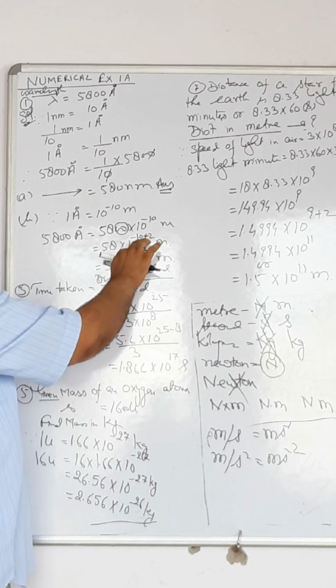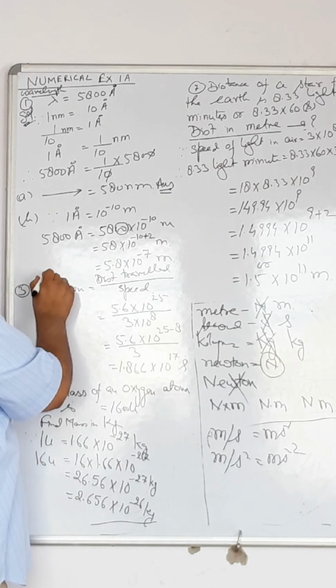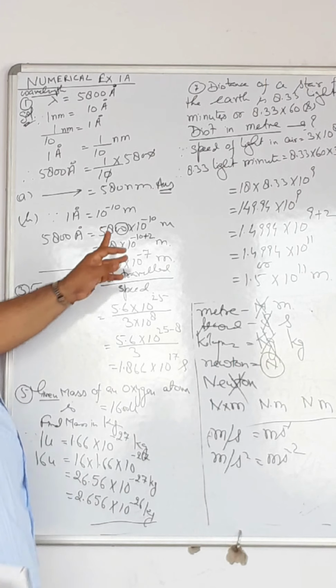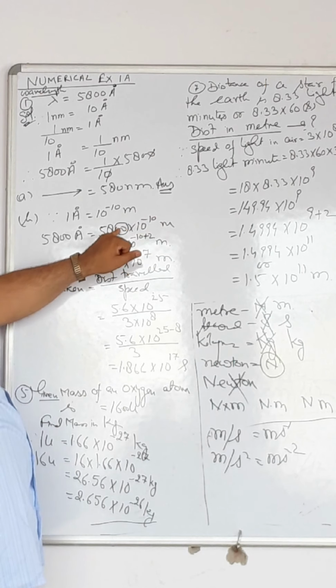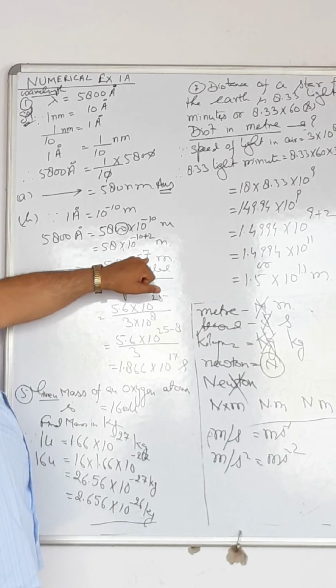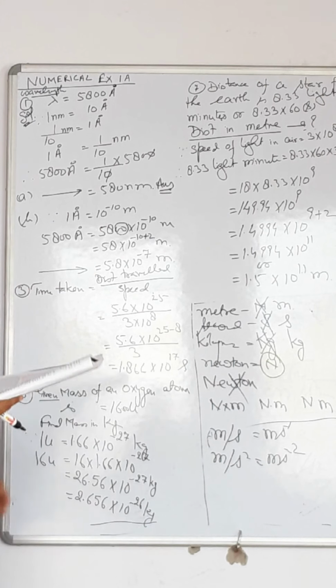Minus 10 plus 2 becomes minus 8, and plus 1 gives minus 7. So the second part is 5.8 into 10 power minus 7 meter. Don't get confused about how we have written this. These two zeros are added, 2 plus, and 1 more is added, so the power reduces. Understood? Come to question number 3.